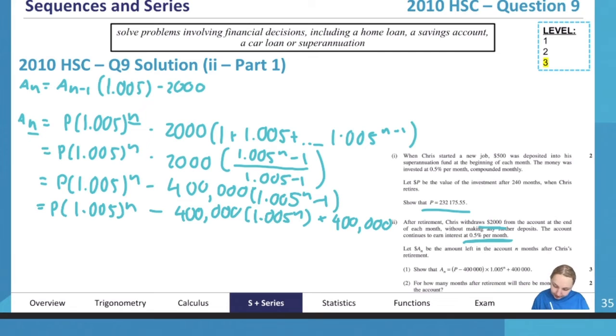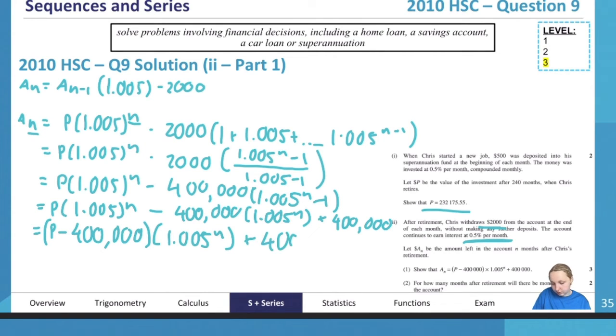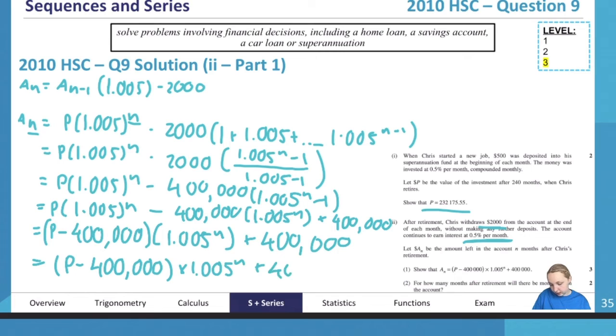Then we want to collect our like terms. So we collect that (P minus 400,000) all multiplied by 1.005 to the N, plus the 400,000 that we've got. Then just rewrite it how the question has it. Essentially these last two lines are the exact same thing, just rewritten how the question stem has it written.